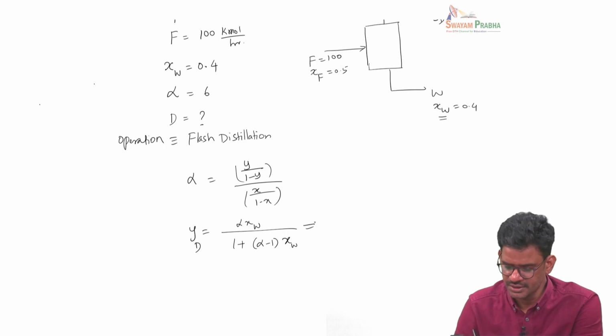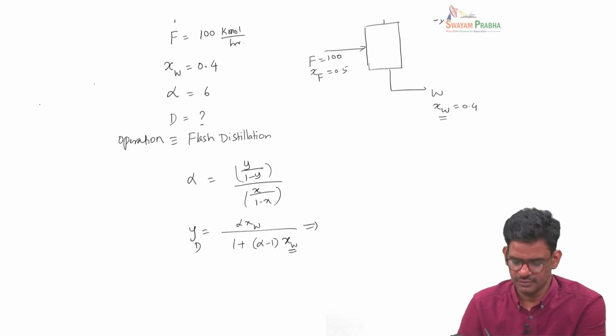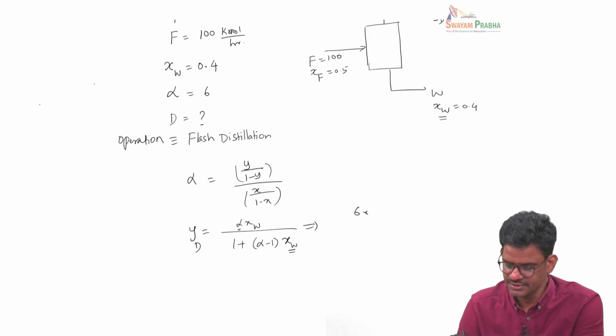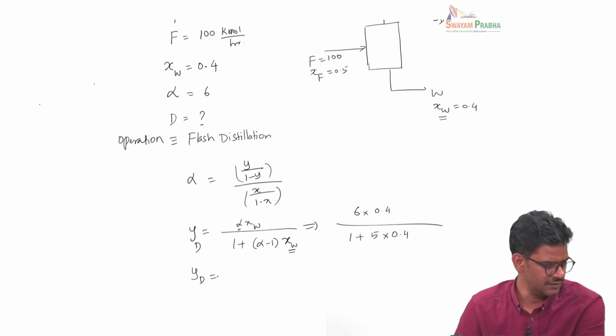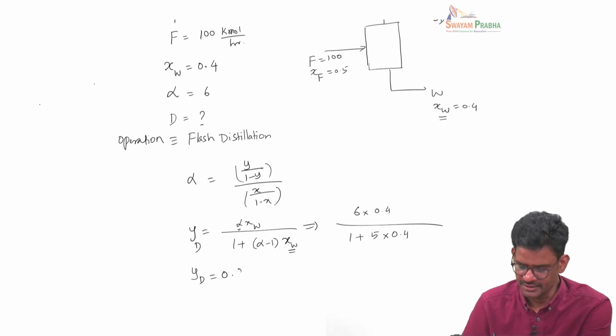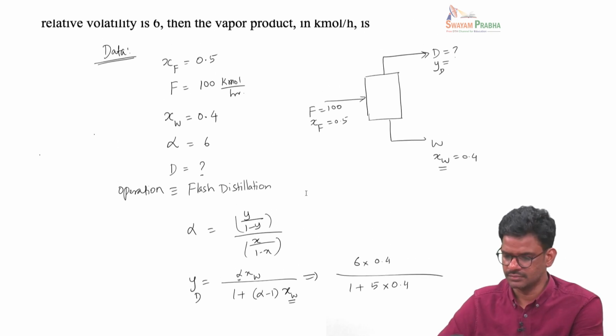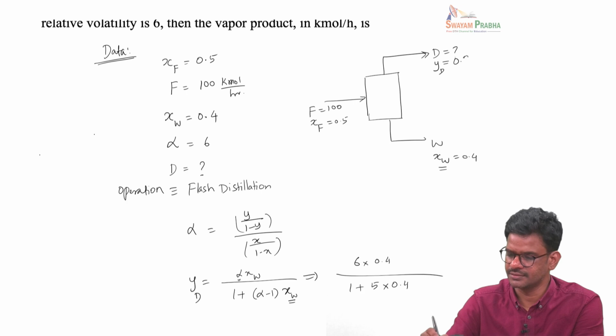So in this equation, we know xW, we also know alpha. Let's substitute that. So alpha is 6 times xW is 0.4, 1 plus alpha minus 1 is 5 times 0.4. So if you solve, you will get yD is 0.8. So this is 0.8.